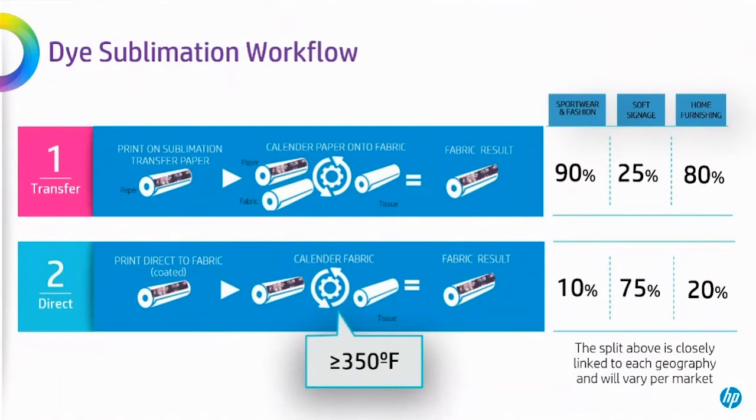Now, you can go down to 150 degrees when you print direct. Again, this depends on the material. Some materials do very well at that temperature. Others, you're going to want to run a little bit hotter. I don't want to get too technical here, but a lot of times the lower the temp you run, the more blue you have in your images. Cyan is the first one to start blooming in your heat press, and it's also the first one to burn.